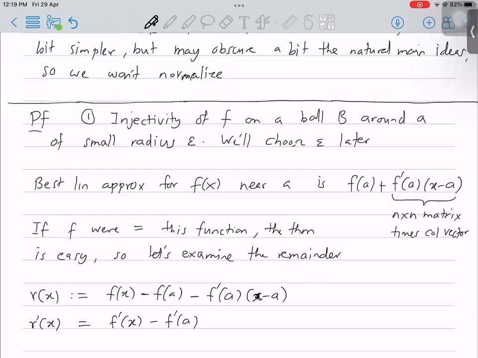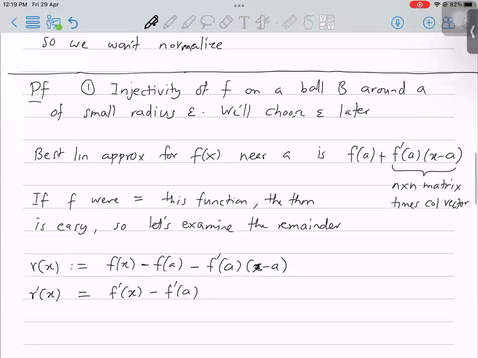Okay, good. So several things to note over here. One is that as far as this r prime of x was concerned, the term f of a and then the minus a in the x minus a didn't really play any role. They just sort of went away.